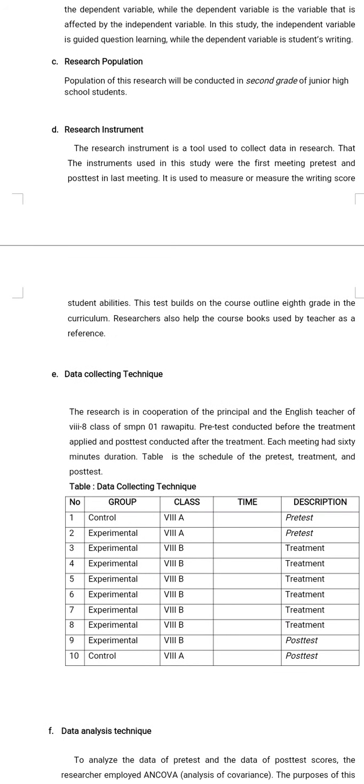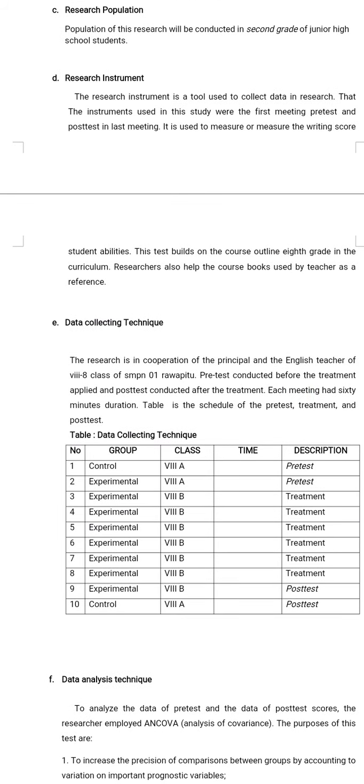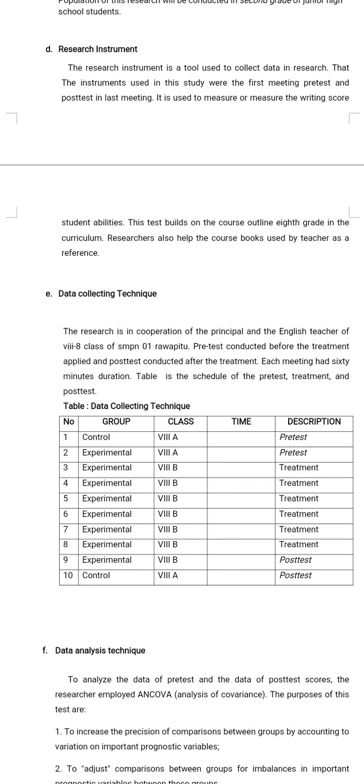Research population. The population of this research will be second grade junior high school students. And the research instrument. The research instrument is a tool used to collect data in research. The instruments used in this study were the pretest in the first meeting and the post-test in the last meeting.